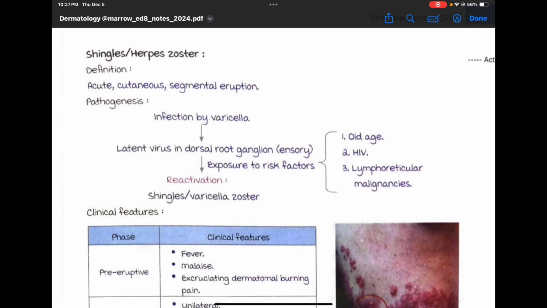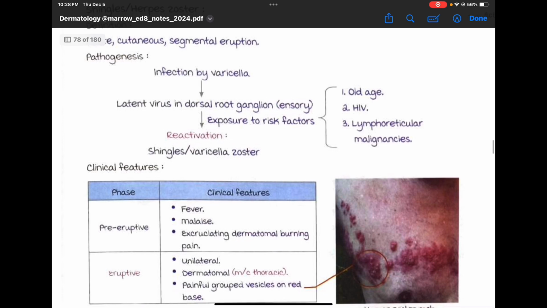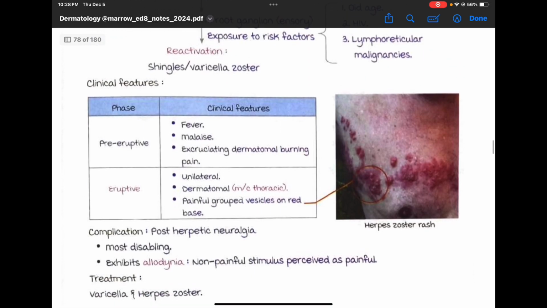Shingles, herpes zoster definition: acute cutaneous segmental eruption. Pathogenesis: infection by varicella, latent virus in dorsal root ganglion, sensory. Exposure to risk factors like old age, HIV, lymphoreticular malignancies. Reactivation causes shingles, varicella zoster.